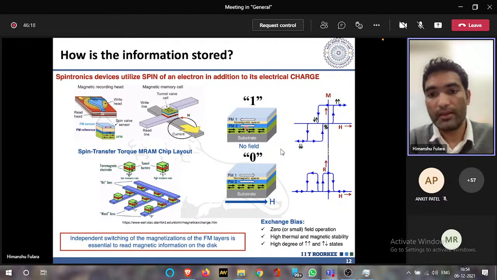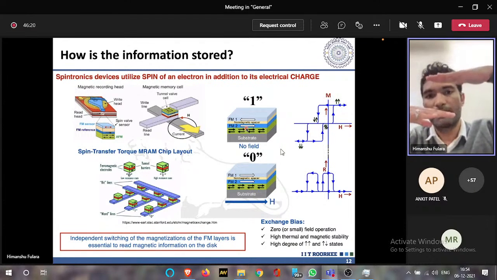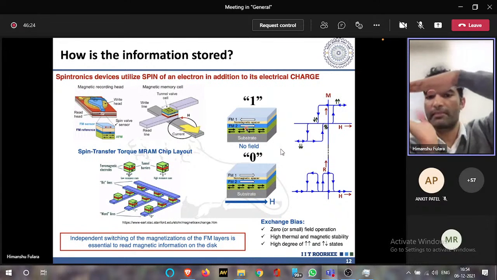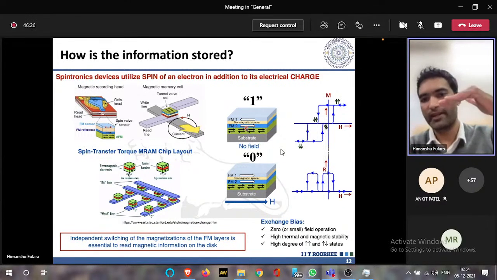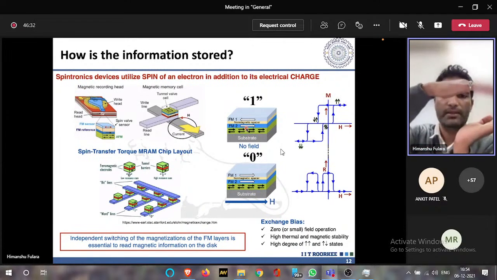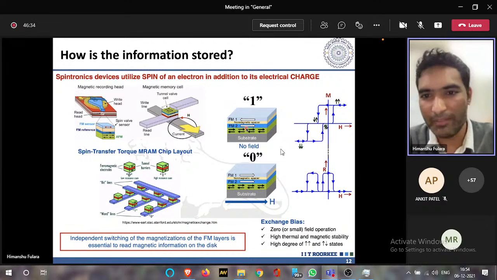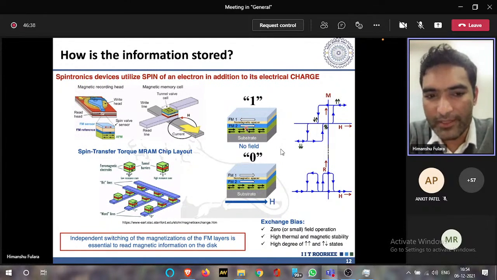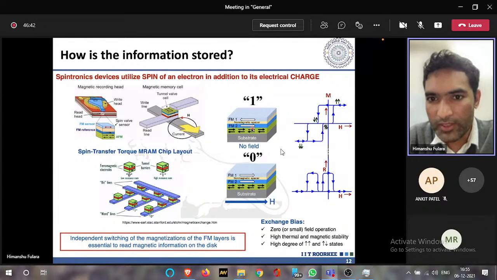Because if you have two ferromagnetic layers, and both have, let's say, parallel alignment, and you apply the magnetic field, for example in the opposite direction, both ferromagnetic layers will flip. Then how do you achieve the antiparallel state? In order to achieve this antiparallel state, it is essential to lock the magnetization of one of these two ferromagnetic layers.